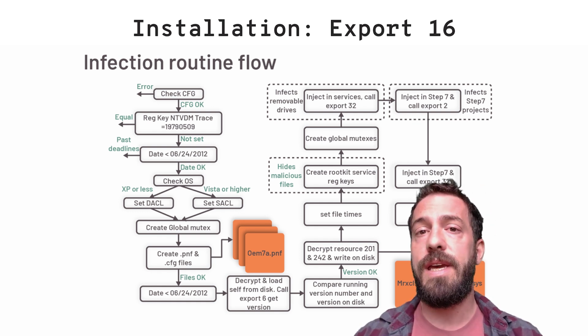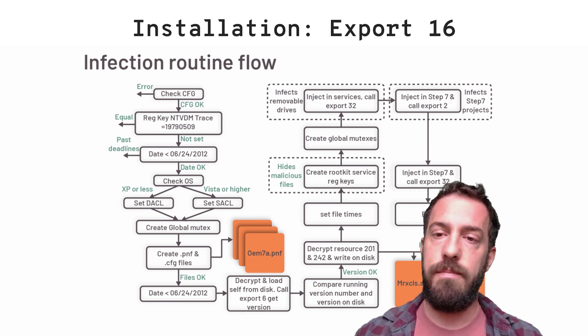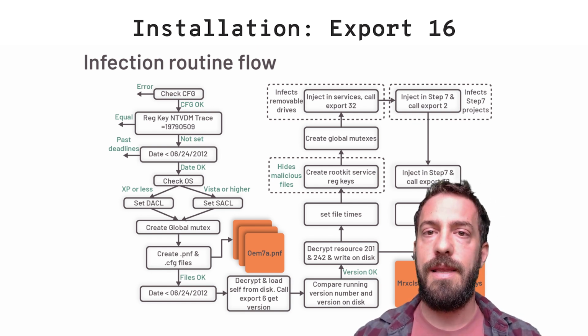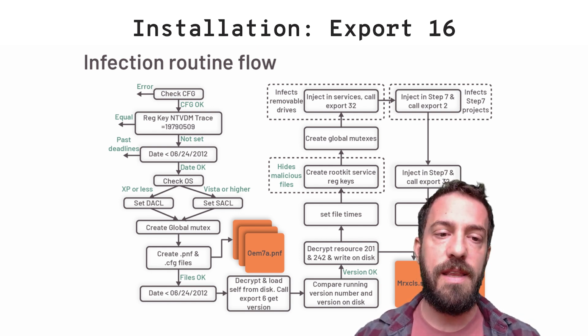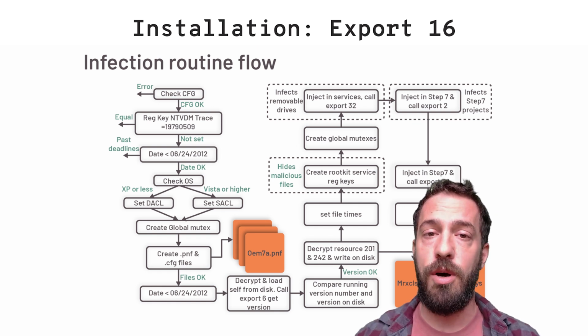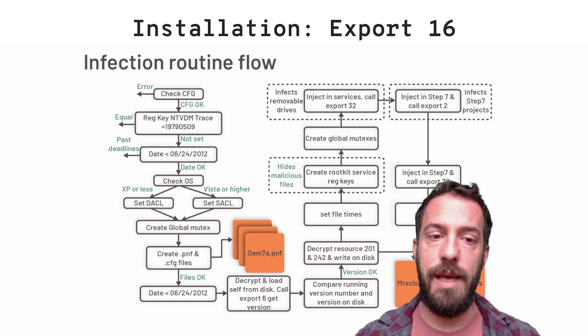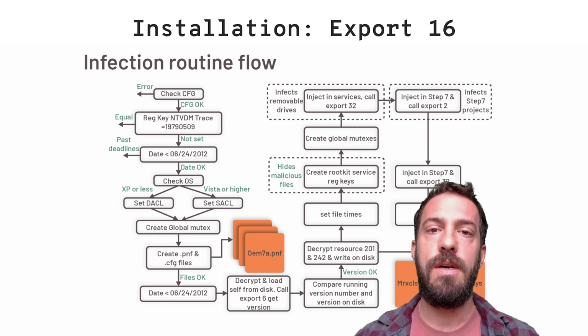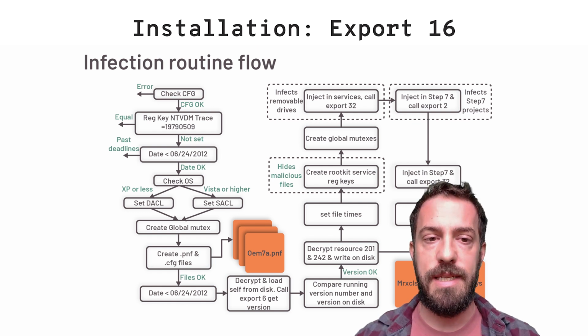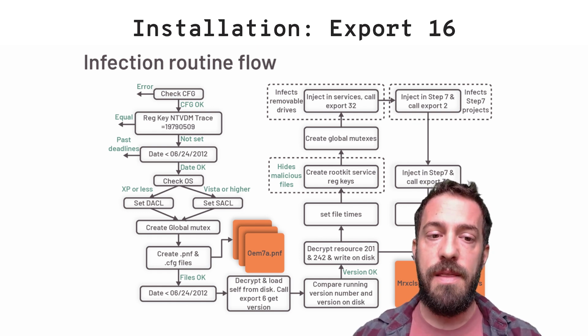So it was more of a kill switch to ensure that computers the adversary didn't want infected wouldn't be infected, because Stuxnet would stop propagation and stop loading if that special value appeared in one of the registry keys. If that value wasn't there, then there was another check for the date.